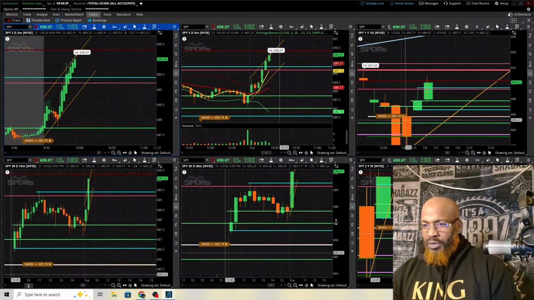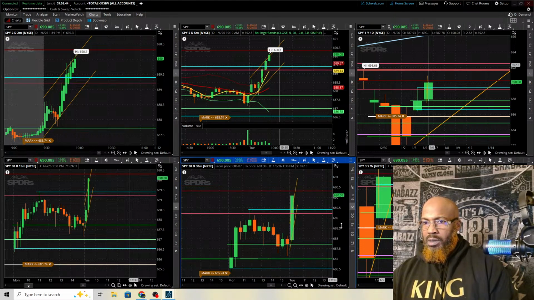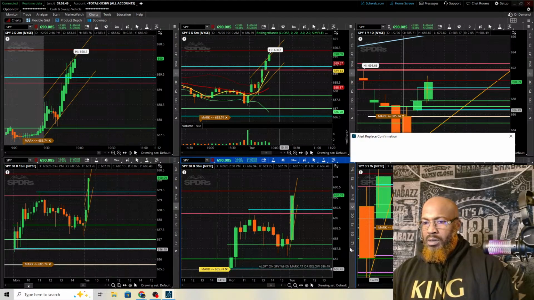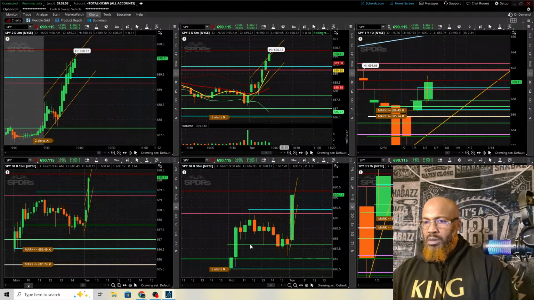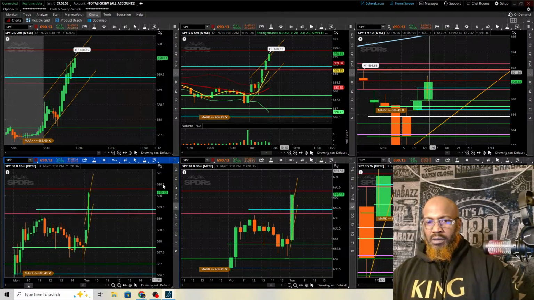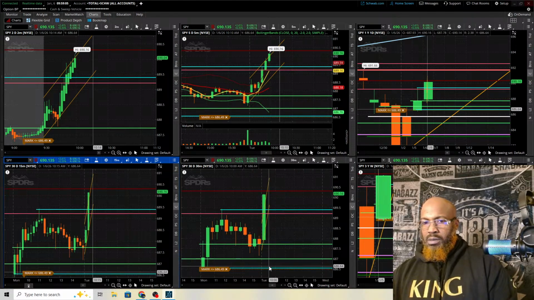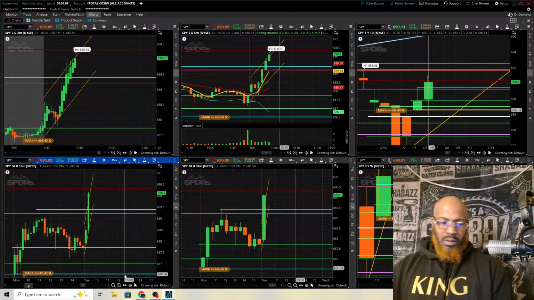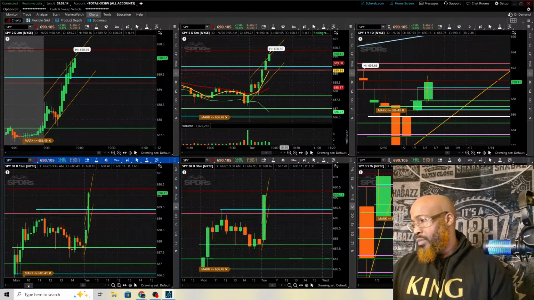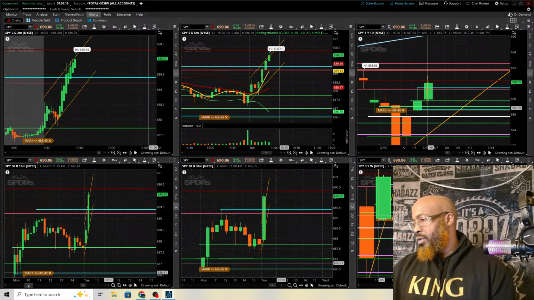Need to get this 30-minute chart a little bit more room, because same following on the 15. Never really have gotten a pullback yet on this bullish move.